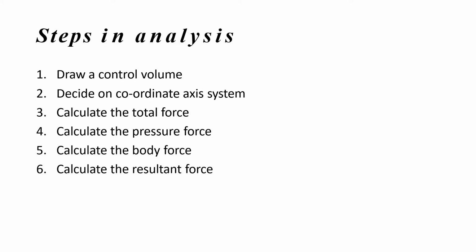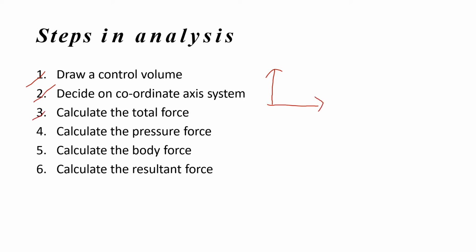These are the steps in analysis and solving problems related to the momentum equation. First we need to draw a control volume, and then decide on the coordinate axis system. So the axes x, y, z, and then we have to calculate the total force.